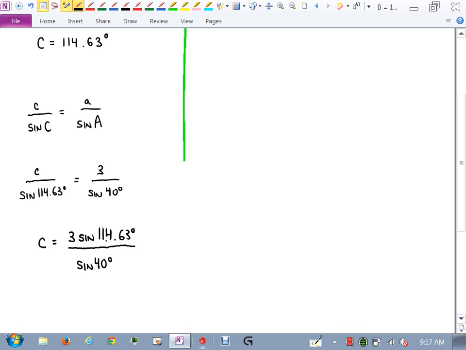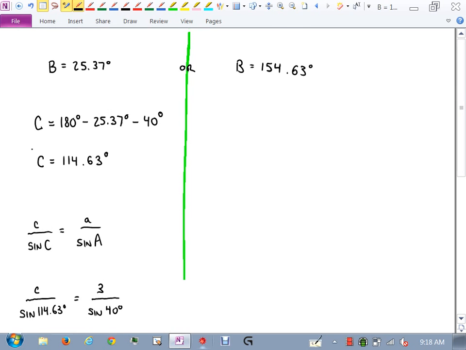You get 2.727054, so that's the numerator. Then you divide that by sine of 40. I'm getting 4.2425. So how about we just say 4.242. So there's my little c. There's my capital C. There's my capital B.